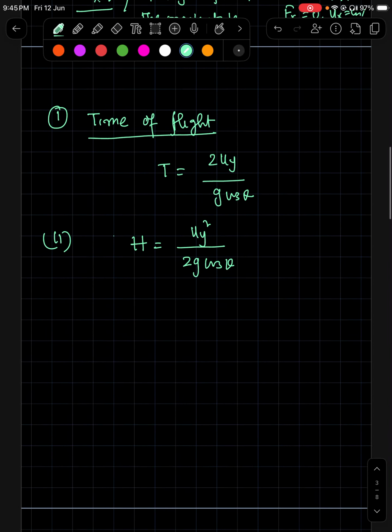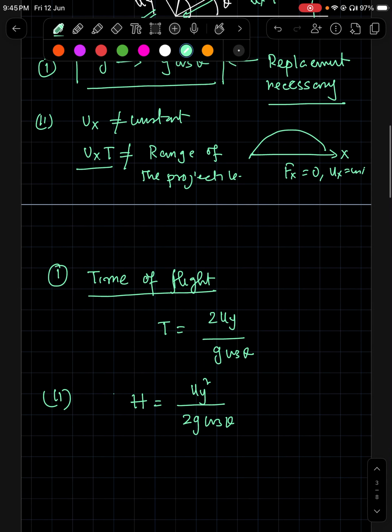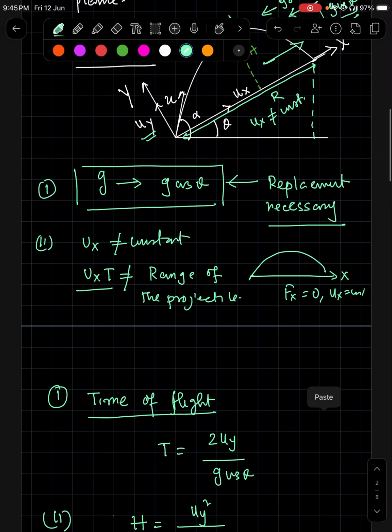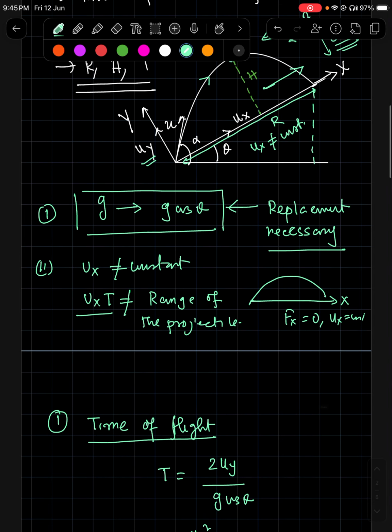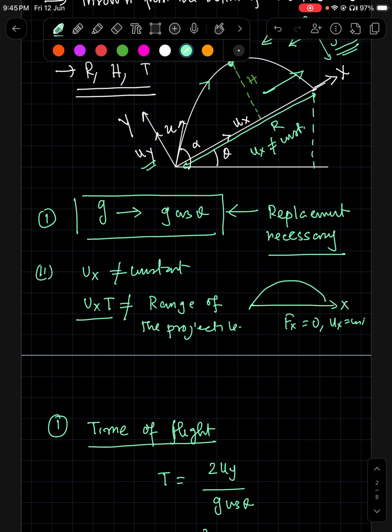Next, our task is to find the range, and that will end our game. Instead of considering the component of u along the x-axis, now I'm considering the component of u along the horizontal axis. In this direction the component of u is u cos alpha, and in this direction there is no force.